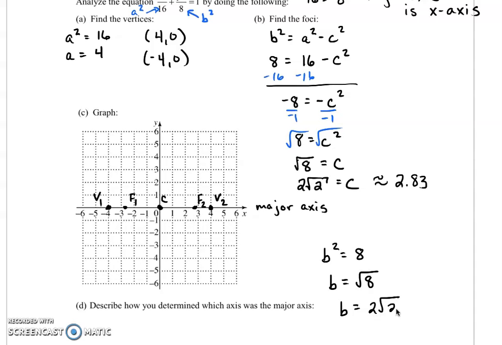So that's 2 square root of 2, or approximately 2.83 on the minor axis. So we have a point about here and a point about there. And now we can attempt to draw our oval, which again, I'm terrible at drawing these ovals. Do the best you can on your paper. In Pearson, obviously, it will be easier.